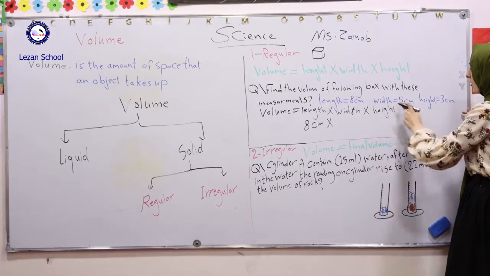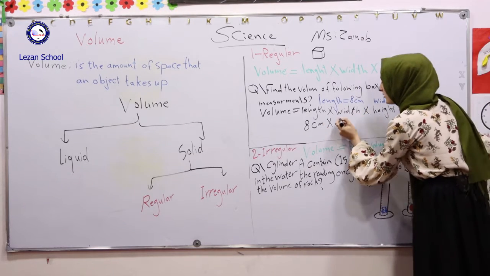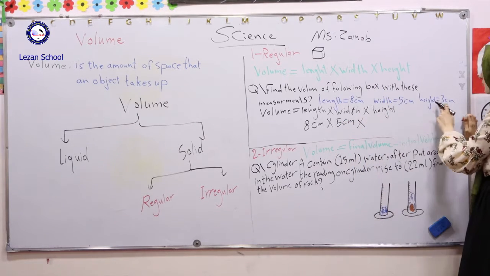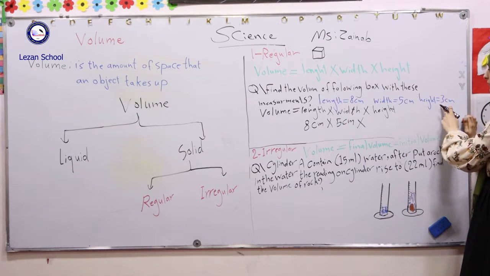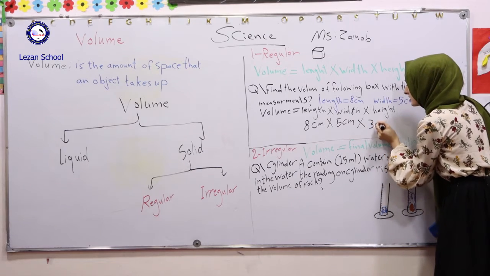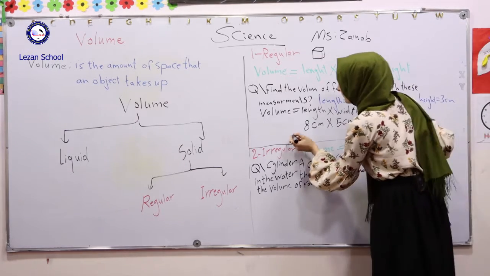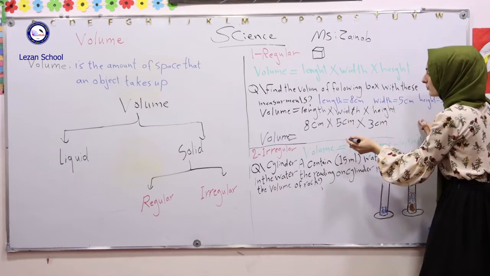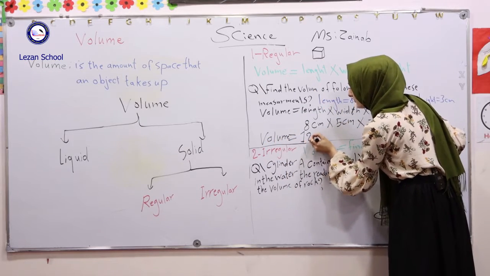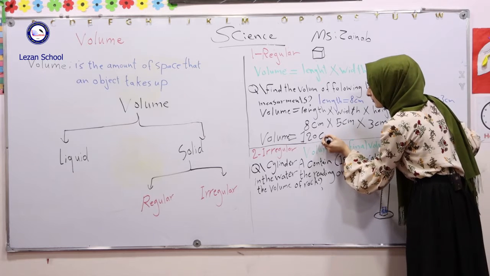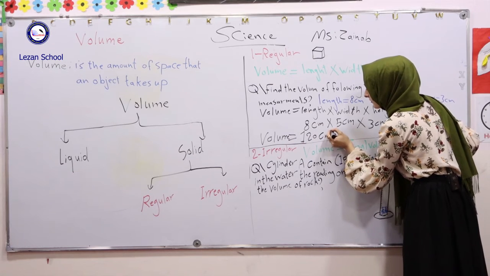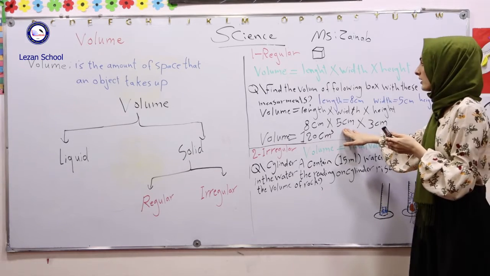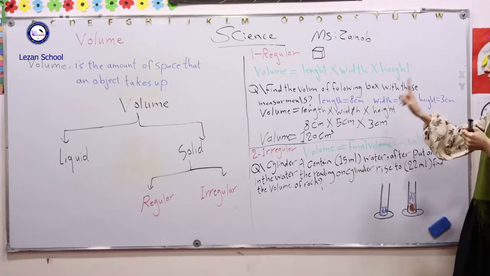We have the width of it, 5 centimeters, and multiplied by the height of it, which is 3 centimeters. The volume of it is equal to 120 cubic centimeters. You can use this to find the volume of a regular shape.